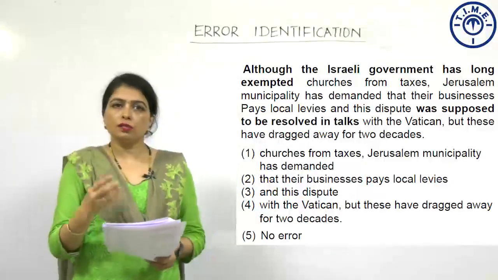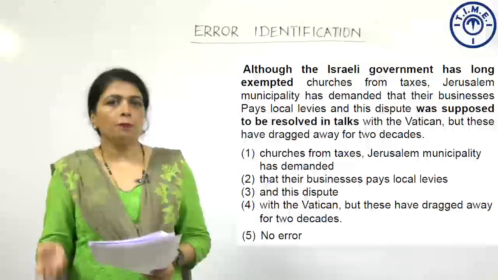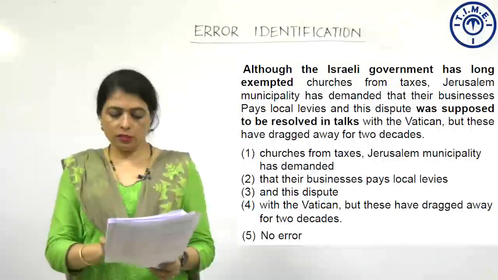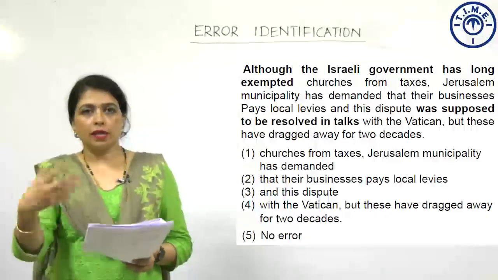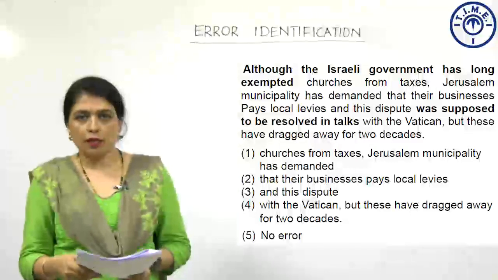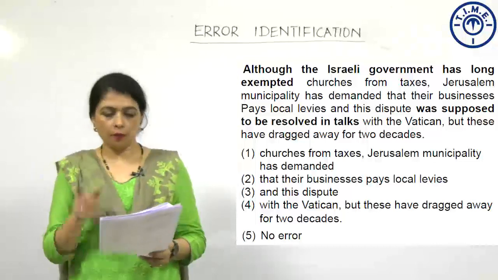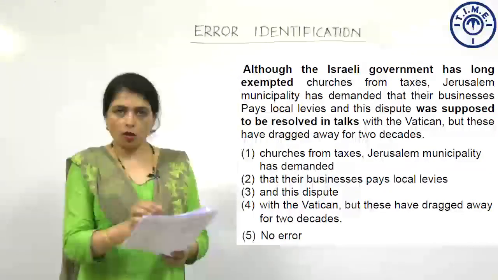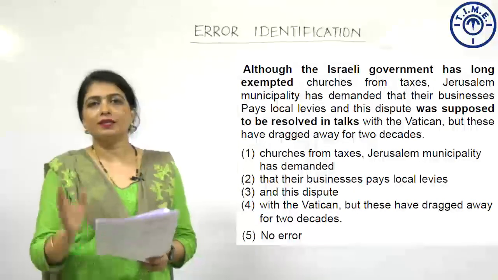We need to also understand what meaning it conveys, and in this case "drag away" is absolutely incorrect. So, we change it to "dragged on for 2 decades", which means a time period for which it has carried on without coming to an end has been given to us. Okay. So, 1, 2 and 4 have errors in them. The correct answer is 3 because this part and this dispute is absolutely grammatically correct.